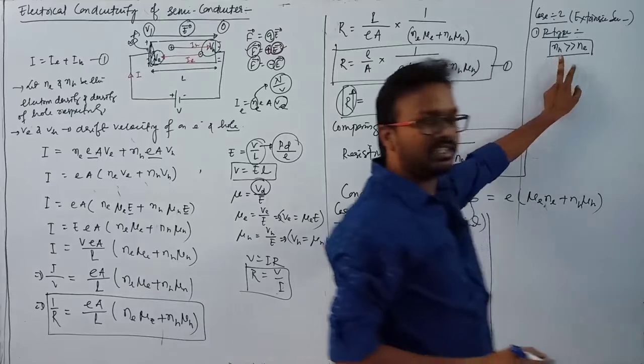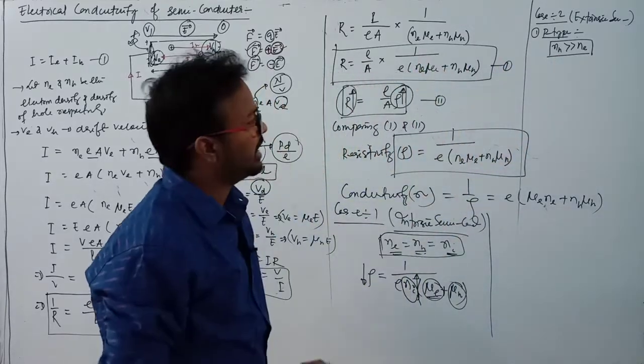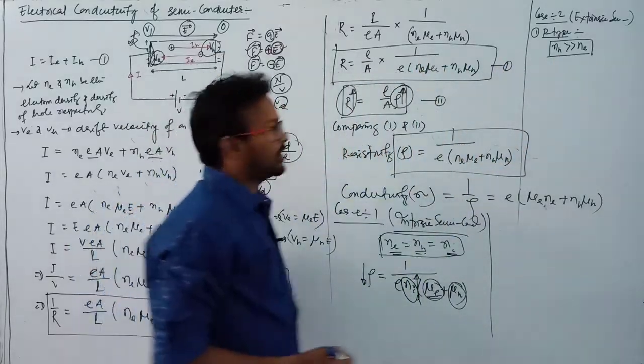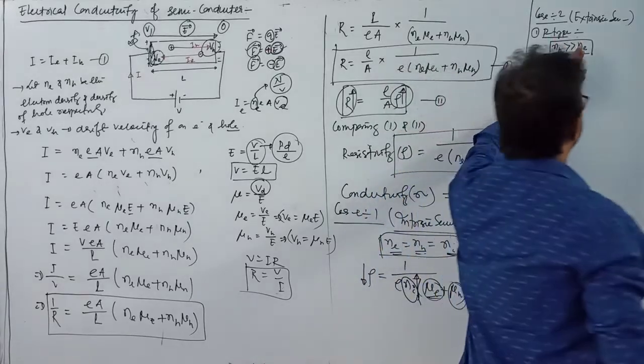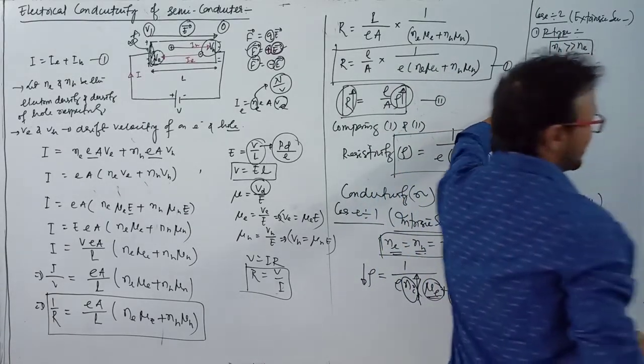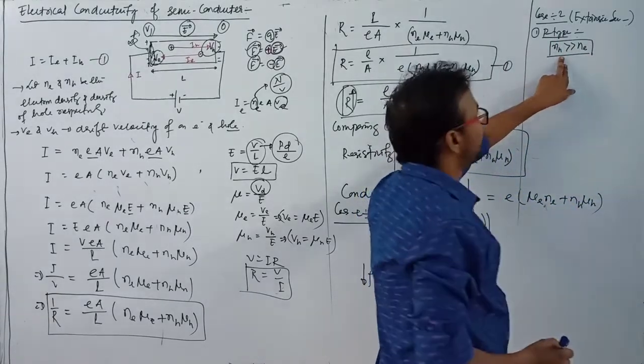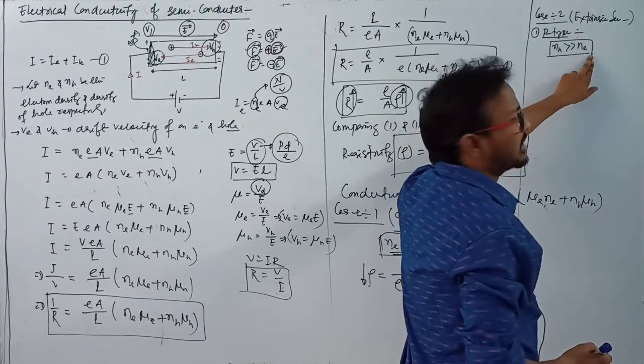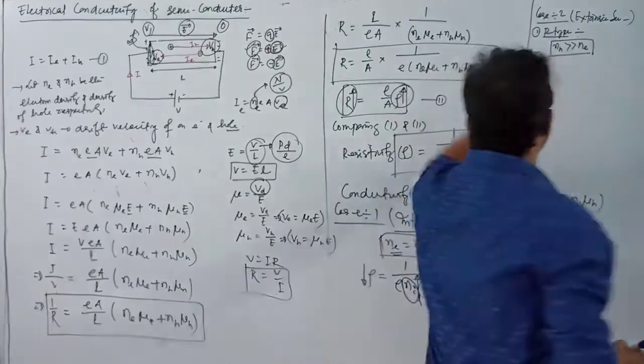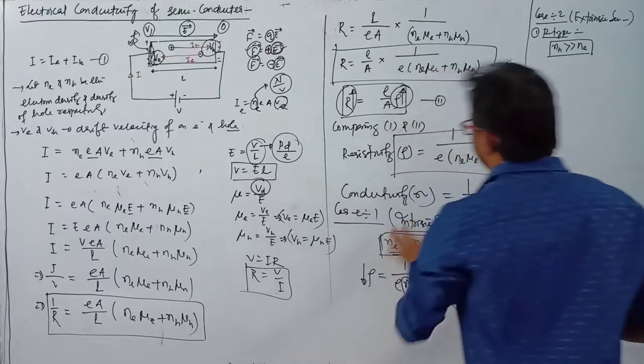Actually, what is N? Ne is the electron density, and Nh is the hole density. Clear? So in p-type semiconductor, the majority charge carrier, the hole, is maximum and the minority, the electron, is minimum.